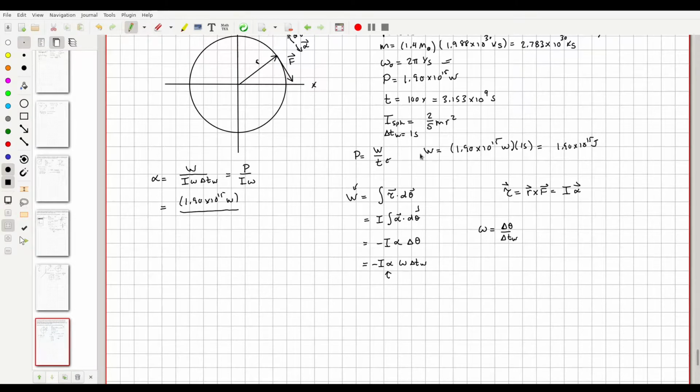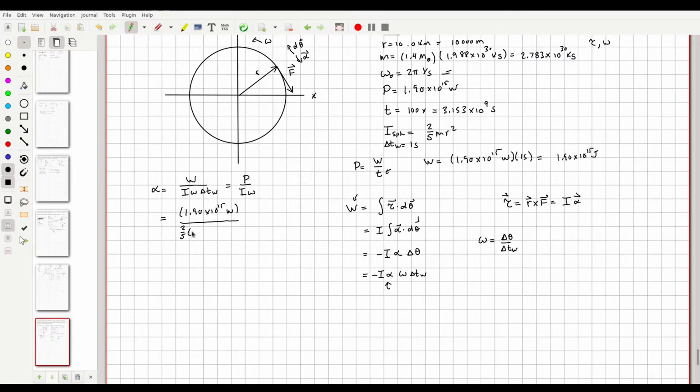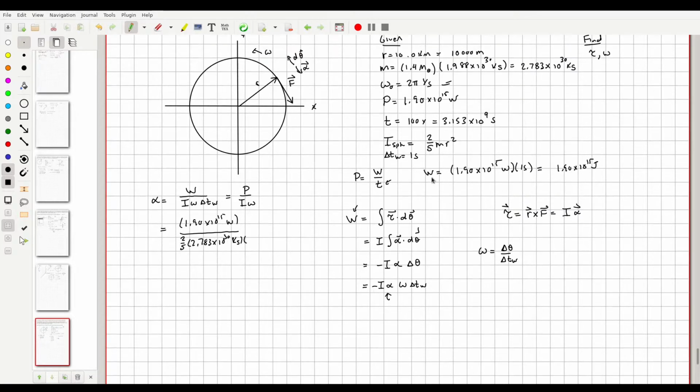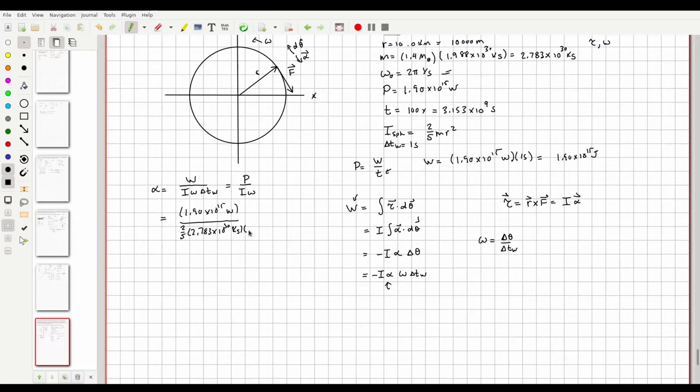Our moment of inertia is 2/5 mr squared. The mass is 2.783 times 10 to the 30th kilograms. R squared. R is 10,000 meters.